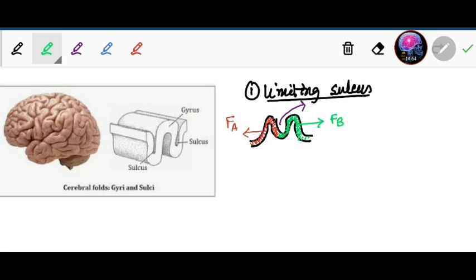Example of such sulcus is central sulcus, which separates the motor cortex in front from the sensory cortex behind. We'll discuss the central sulcus later.